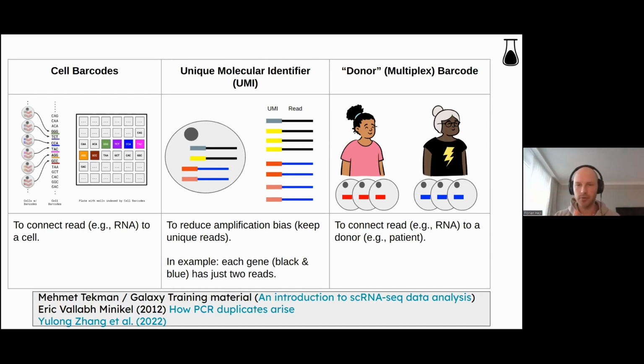Obviously, if you have a cohort of patients where you have healthy and non-healthy, you will want to know not only which cell my RNA comes from, but also which patient, which individual. And therefore you can also introduce a barcode to identify this. Again, be careful with this donor naming. I named it donor multiplex barcode, but obviously you can also use cell lines, and it's a cell line multiplex barcode. I think you get the idea.